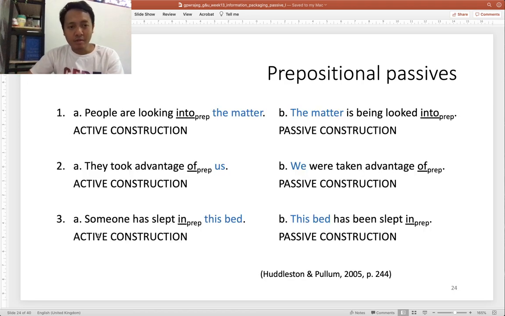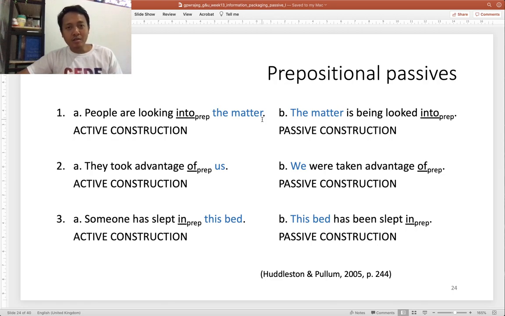Let's see some examples. The A examples are all active constructions with a preposition. 1A, people are looking into the matter. The matter is the object of the preposition into, and the matter can be the passive subject, like in 1B. So the matter is being looked into.